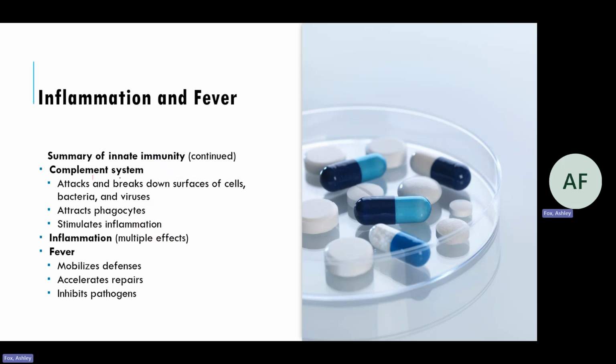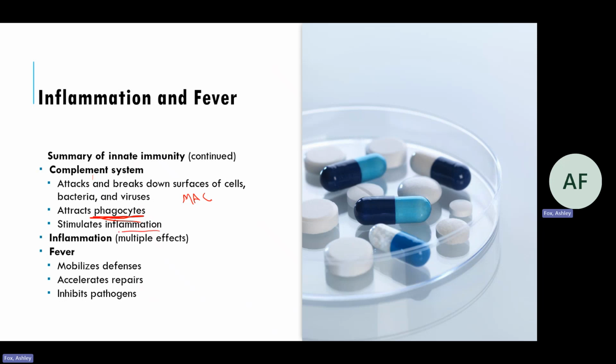Mentioned in this video, complement will have the membrane attack complex that's going to break down the cell membrane of bacteria, or bacteria and cells infected with viruses. You're going to attract phagocytes to the area, your neutrophils and your macrophages mainly.